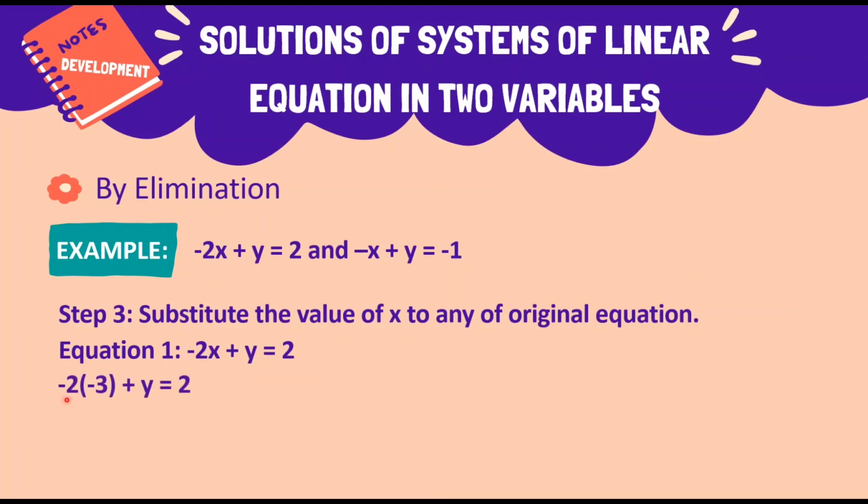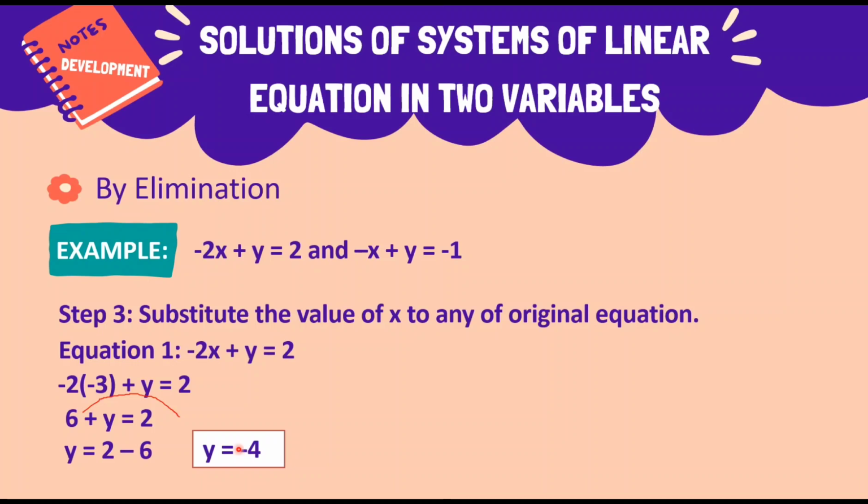We have negative 2 times negative 3, plus y is equal to 2. Negative 2 times negative 3, we have positive 6, plus y is equal to 2. Then let us transpose positive 6 to the other side of the equation. It becomes negative 6. So we have y is equal to 2 minus 6, and that is y is equal to negative 4.